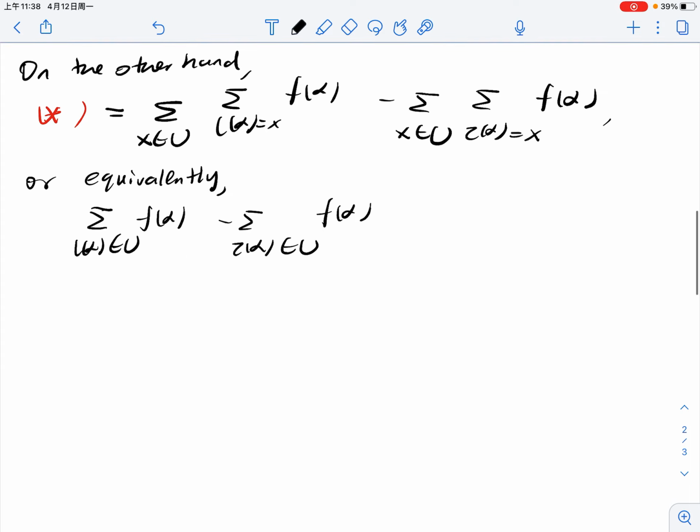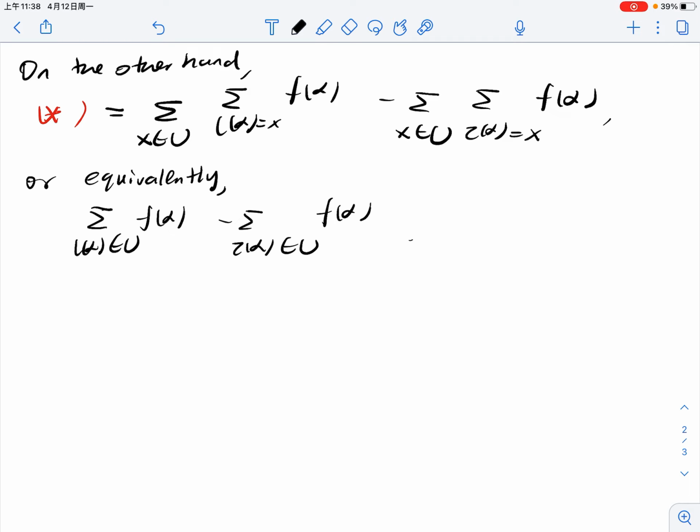Notice that it's still a little bit far away from the quantity we want, because the quantity we want is U left arrow or U right arrow. In other words, you want the edges leaving or entering U.